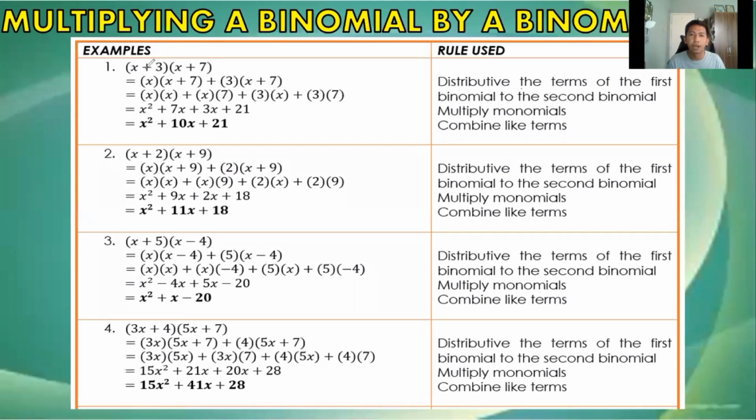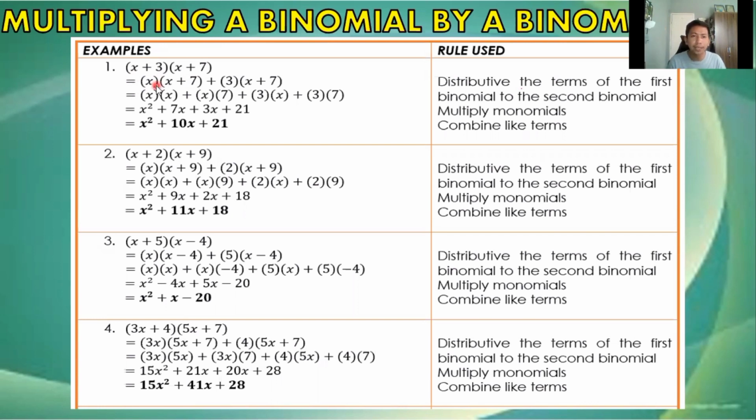So we have now example number 1. Ayan. So x plus 3, the quantity x plus 3 times x plus 7. As you can see, there are two binomials given and we have to get their products. Okay? So paano? We have to distribute now the terms of the first binomial to the second binomial.